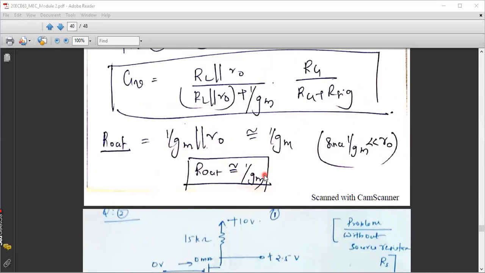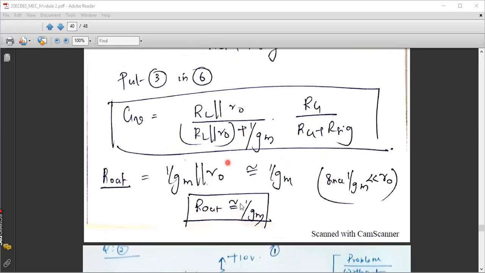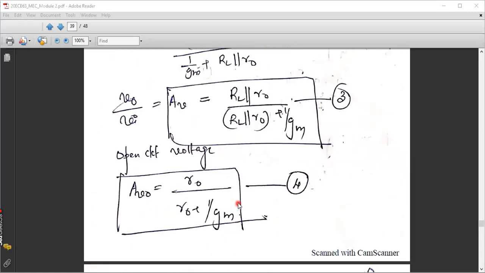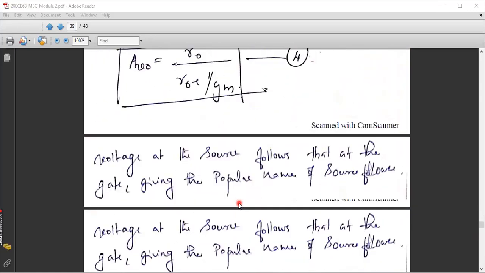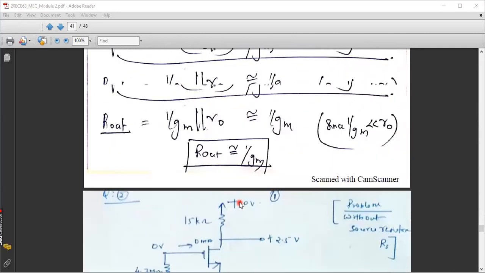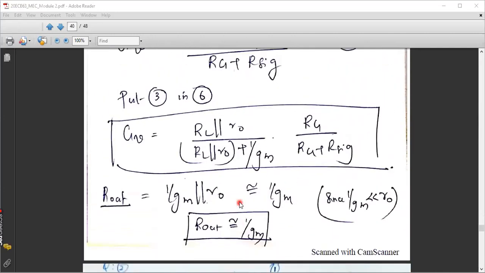So this is a benefit of the source follower, where this particular circuit has high input impedance and very low output resistance. High input resistance because Rin is equal to Rg, that is a high value, whereas the output resistance Rout is 1 by Gm, which is of less value, which is ideal for any amplifier as well as for buffering action. So why is this typically used for buffering?